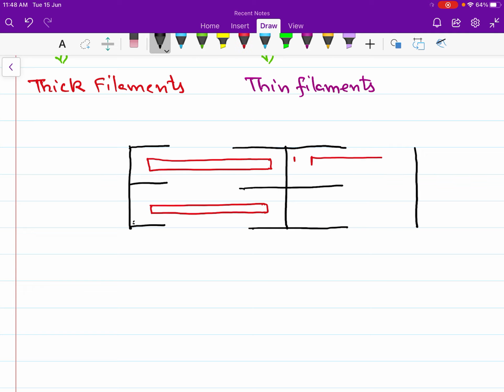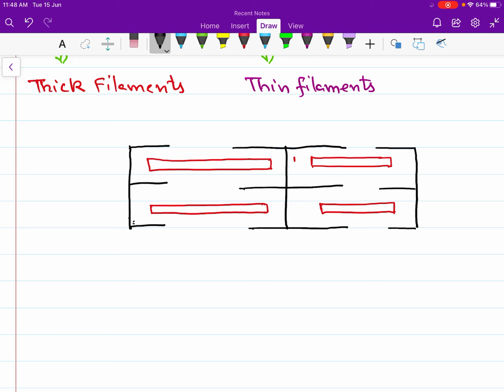These are again the thin filaments. This is the thin filament, right? Here what I am drawing are the thick filaments. So this is how these thick and thin filaments are distributed. I will now label them.